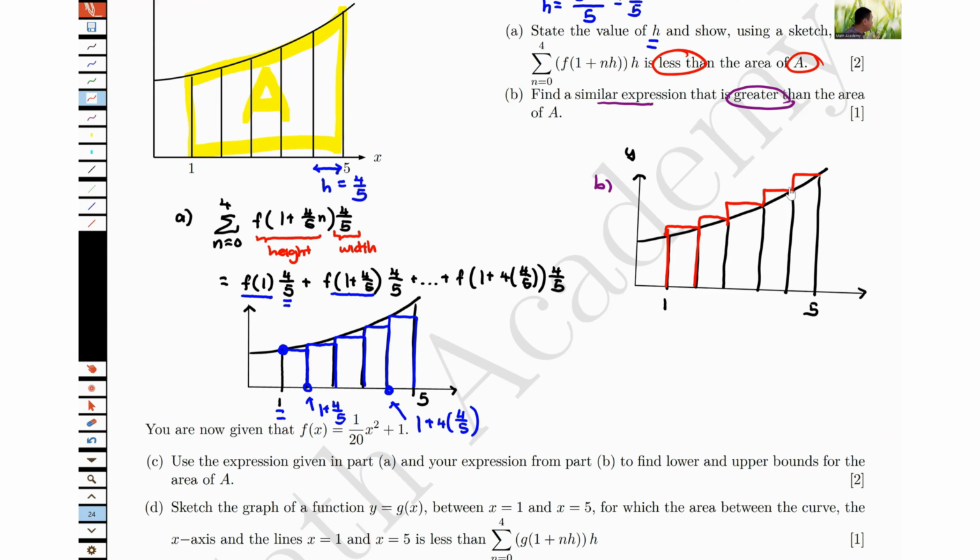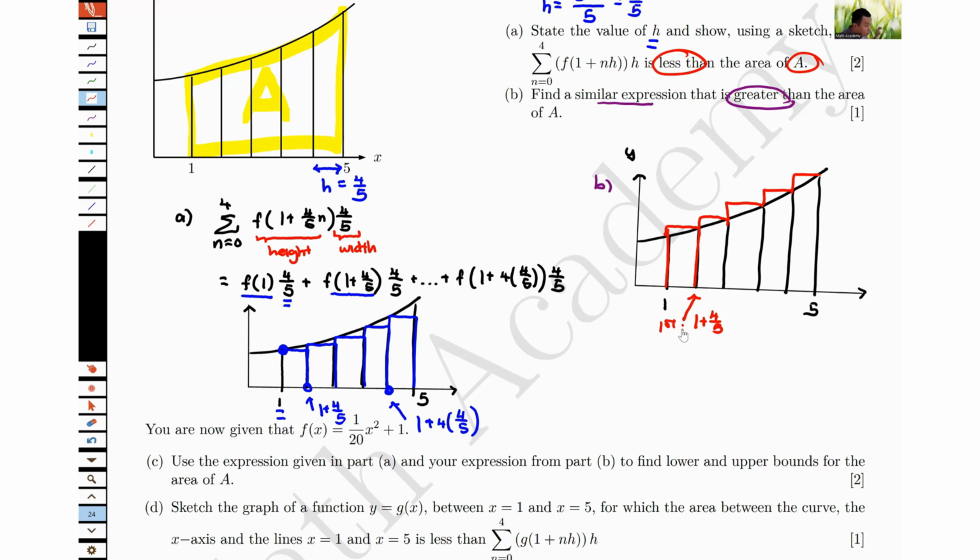What is the main difference between the diagram in blue versus the new one in red? In the blue diagram, the first height was at x is 1. In the new diagram, the first height is at 1 plus 4/5. This is the first height.